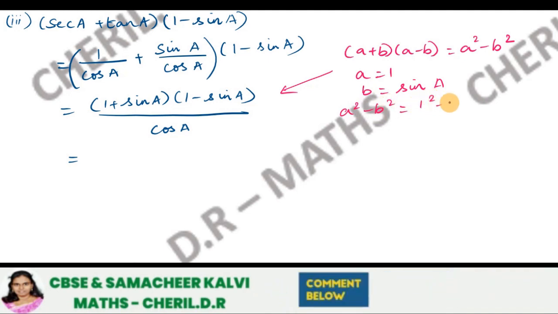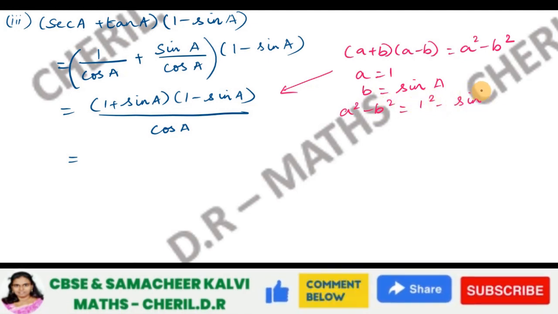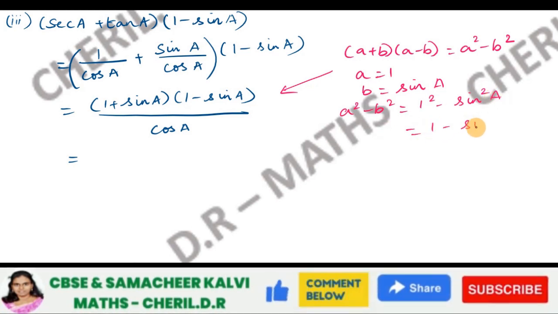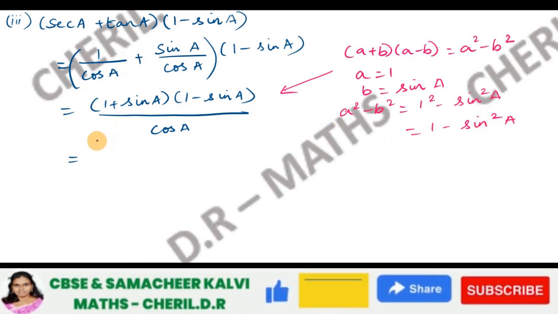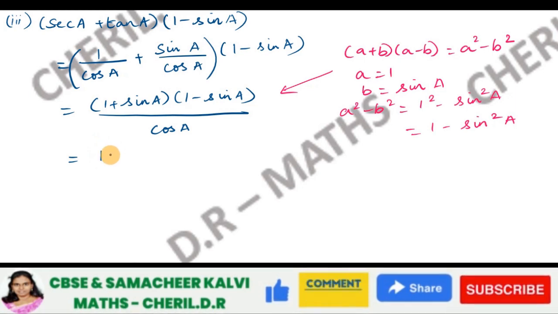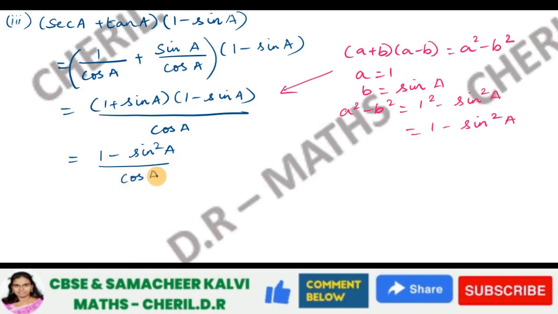It will be nothing but 1 square minus sin square A. So it will be 1 minus sin square A. So we will substitute that here. So we will get it as 1 minus sin square A divided by cos A.